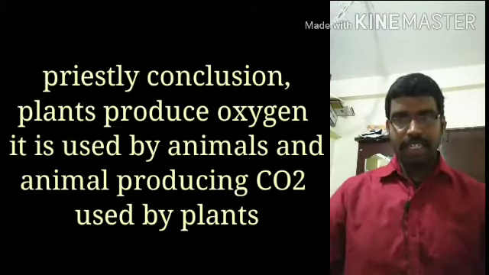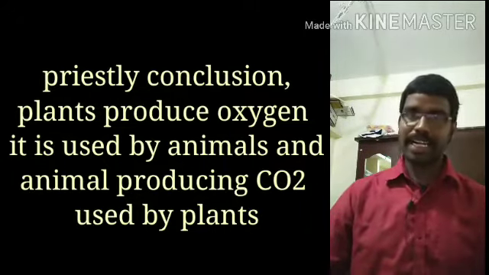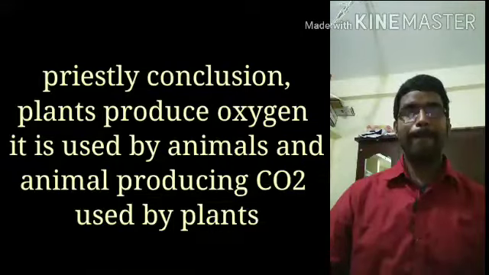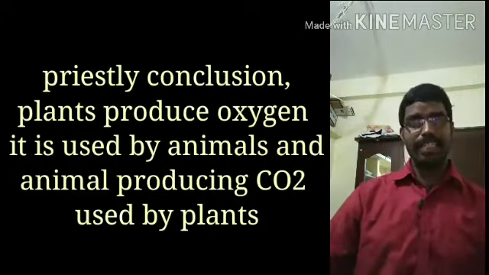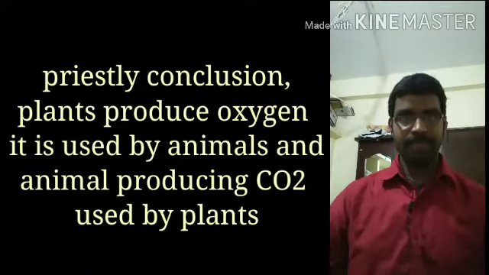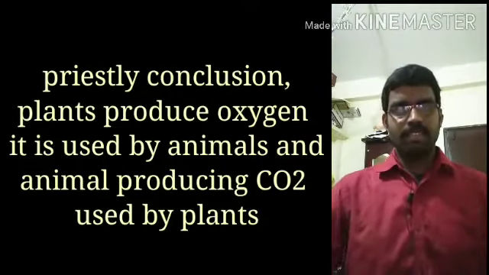Carbon dioxide is important for the plant's food synthesis, and it produces oxygen. So here we can confirm that carbon dioxide is essential for photosynthesis. Oxygen is important for respiration.